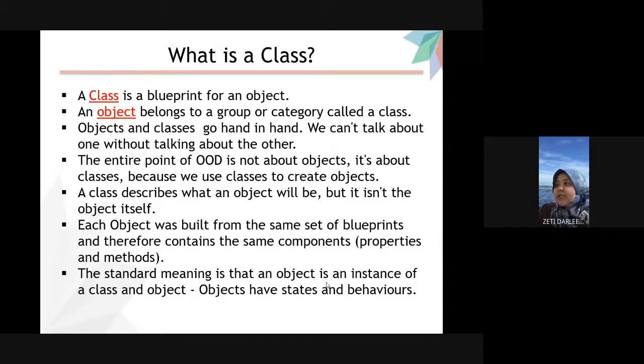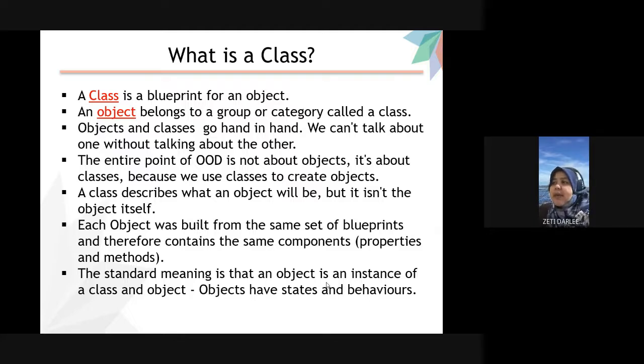So kita tengoklah what is a class. A class is a blueprint for an object, yang mana they encapsulate operation together with the object. So what is an object? Sebab dalam UML dia melihat an object ada behavior dia. So mungkin dalam kelas OOP sebelum ni kamu pernah dengar lah, an object, they see a thing, and each thing ada dia punya behavior dia.